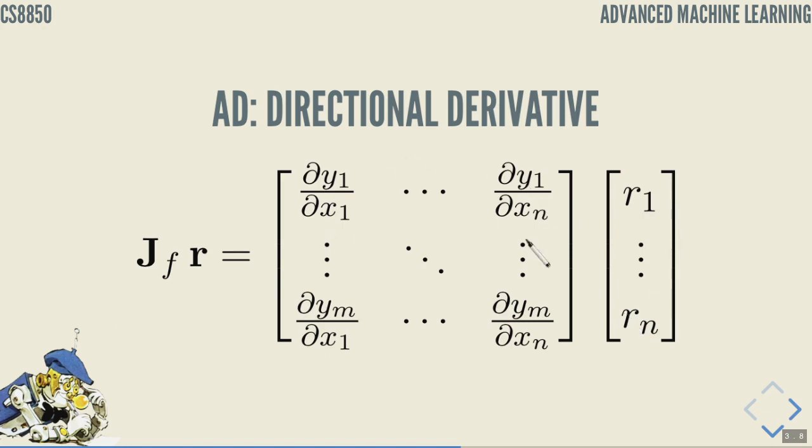The Jacobian is unknown to us. What AD does is evaluate this without actually expanding or constructing the Jacobian. It's not doing it element by element, but the result is effectively what's written here, because for a matrix times a vector, whatever you plug in here, you will get a directional derivative result.